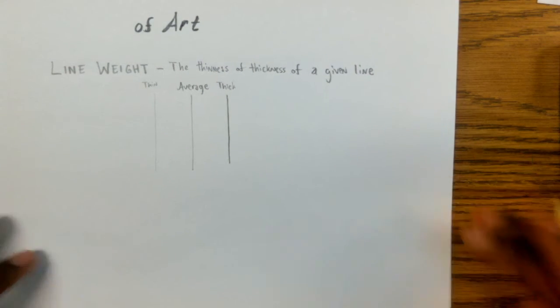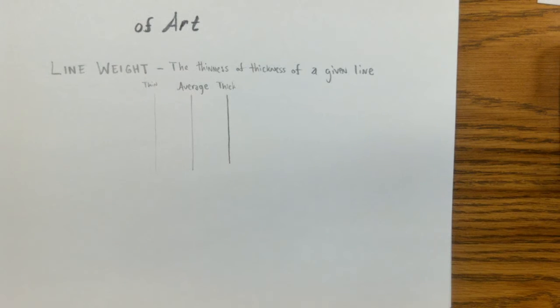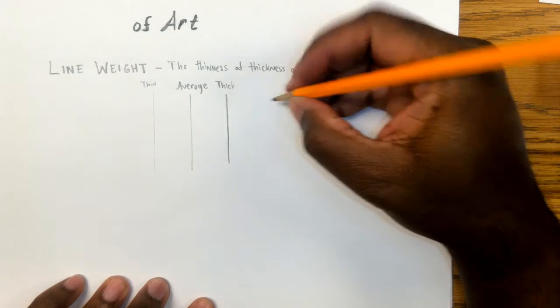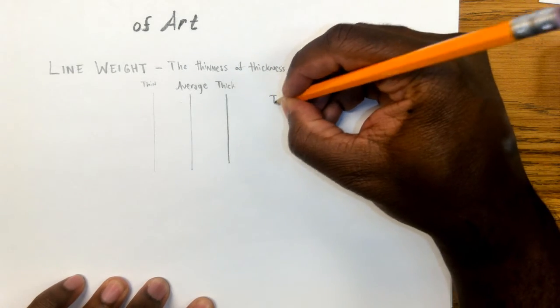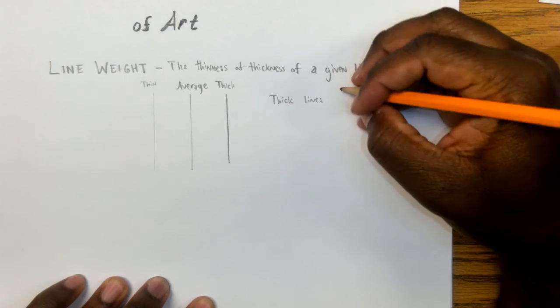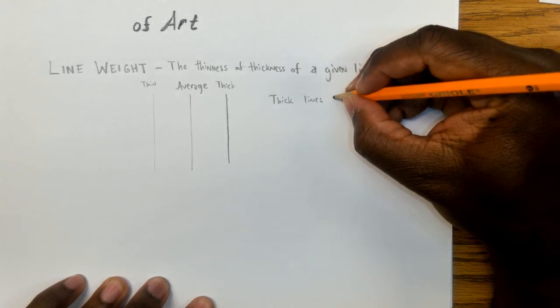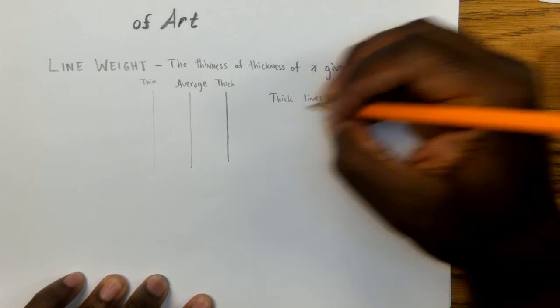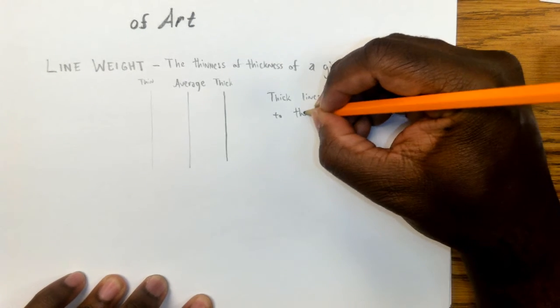Now, the importance of this is that the lines can help determine several things. It can determine the focal point. Thick lines draw the eye to the subject.